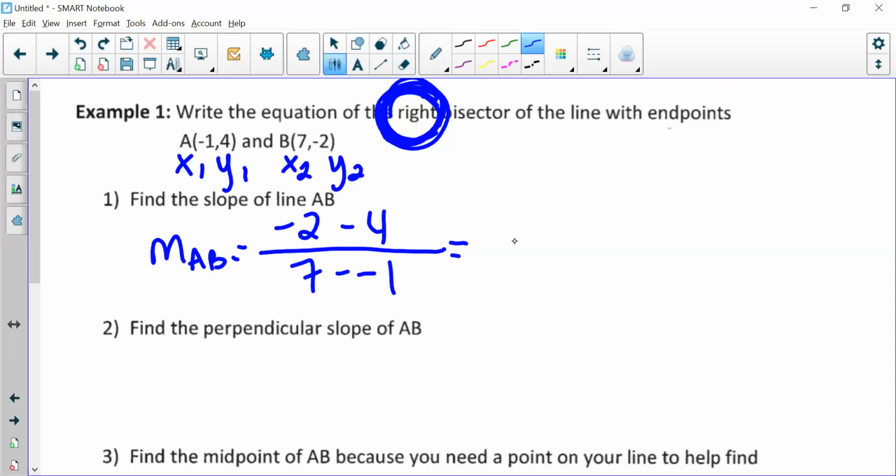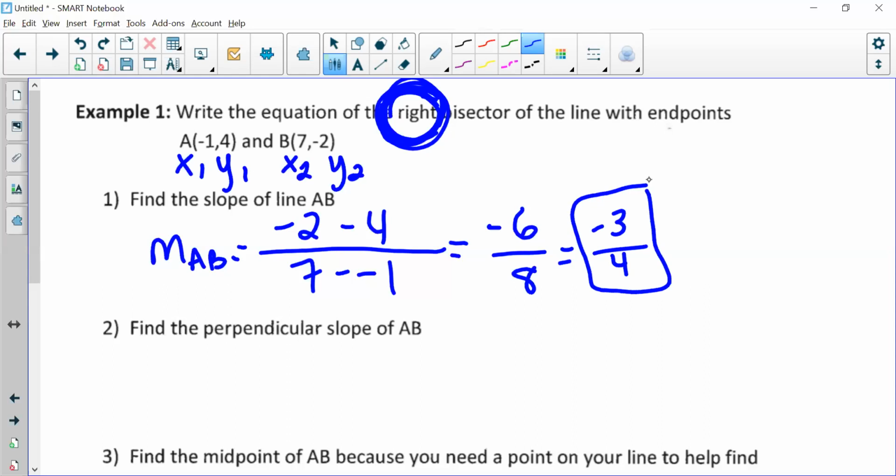What's -2 take away 4? -6. And what is 7 take away -1? 8. That does not turn into a whole number, but it can reduce. What's -6 over 8 reduced to? -3/4. Fantastic. If you guys get stuck on that, your calculators will reduce fractions as well.